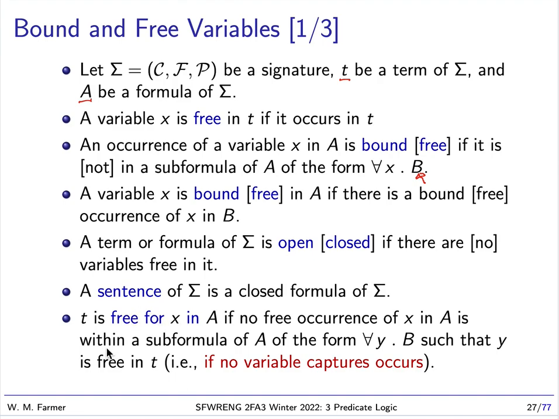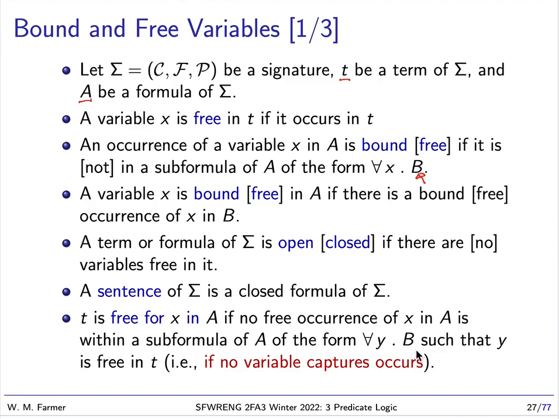Now, there's one more technical definition we need here. It's also sort of strange language, but this is what logicians like to use. We say t is free for x in A if there's no occurrence of x in A that is within a subformula of this form.